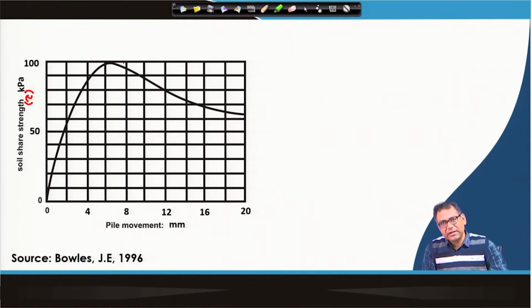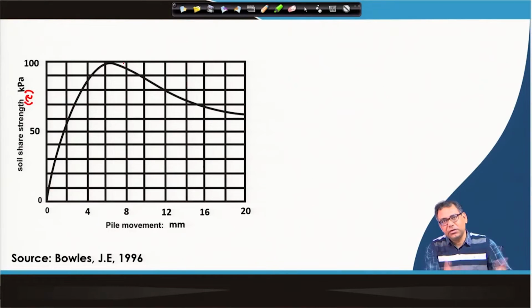So strain gauges are attached, and strains are calculated for the pile for different deformations. Then for that strain, the stress acting on the pile surface for a certain deformation is calculated, and then this chart is produced. For this particular case, we will use this chart.